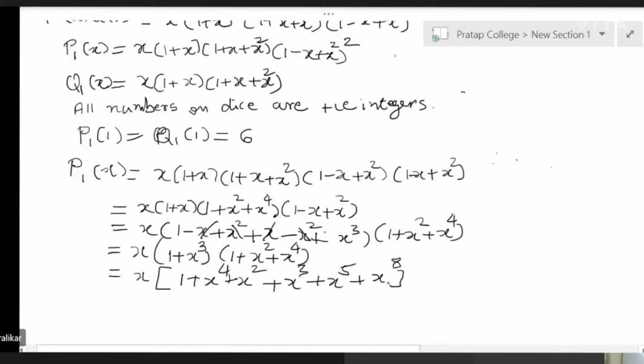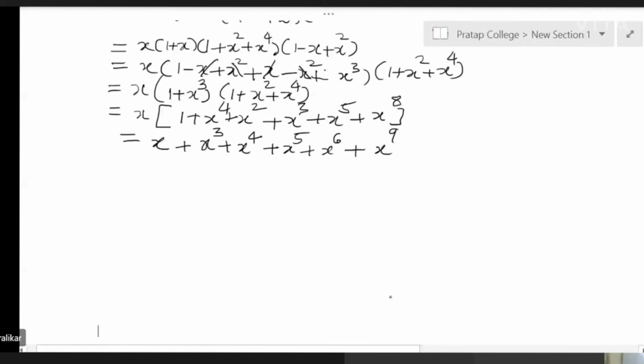The final form is plus, next lowest is x cube, next is x raised to 4, then x raised to 5, then x raised to 6, and no x raised to 7, but x raised to 9. 6 monomials. Yes, we got it. 6 monomials is right. And I hope I don't lose my pen again.